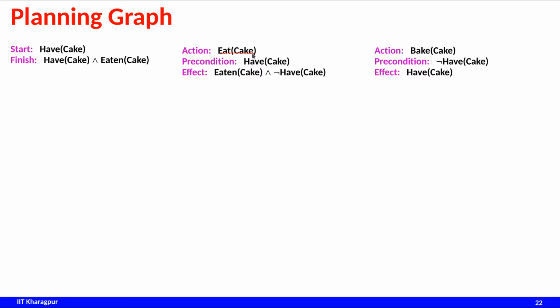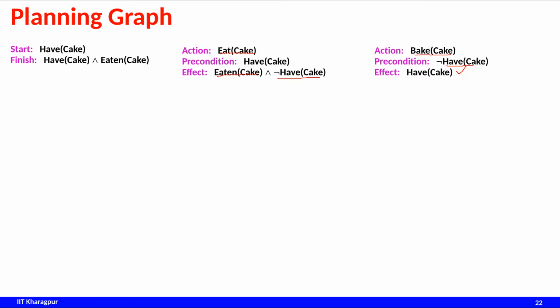Eat cake comes with the precondition that I should have a cake, and once you apply that action, you end up with the eaten cake state, and you no longer have the cake with you. The other action provided is bake cake. You can apply bake cake when you do not have the cake, that is, not have cake is true, and as a result, after the action bake cake, you have the cake.